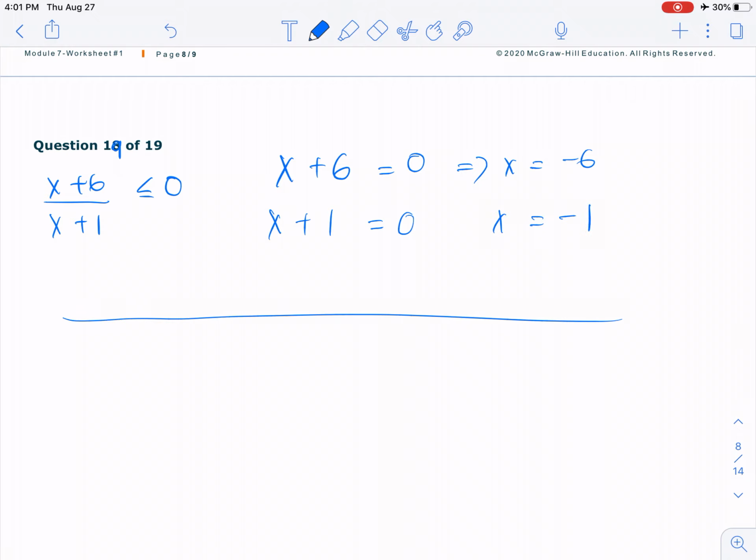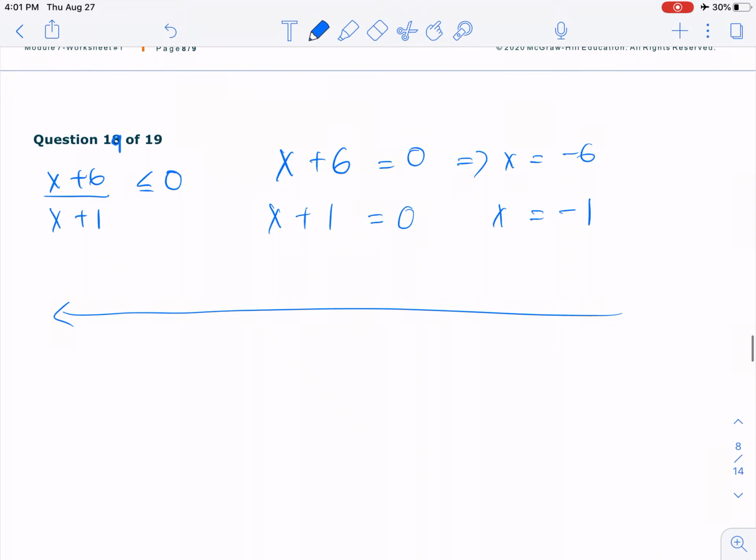And then you simply test a point. So I pick some point, let's pick -10 here. All I care about is positive or negative. And in this case, we want negative because it's less than 0 here.